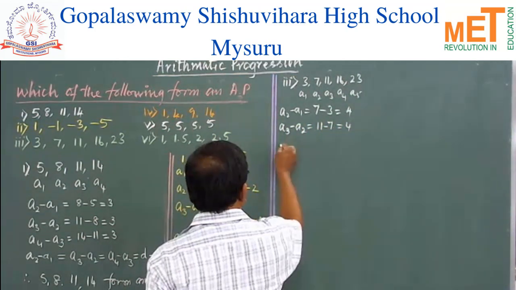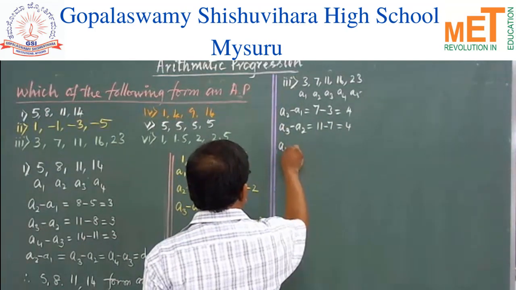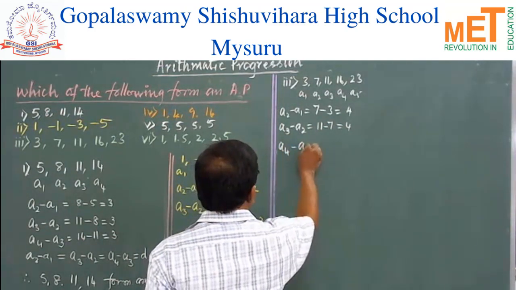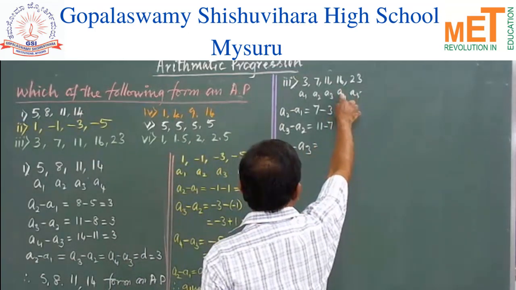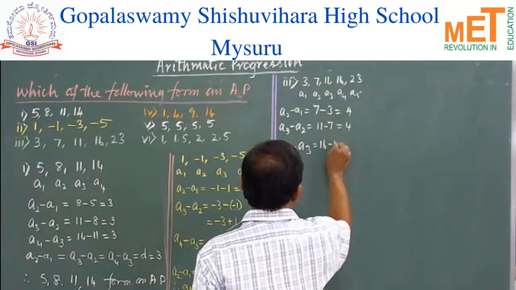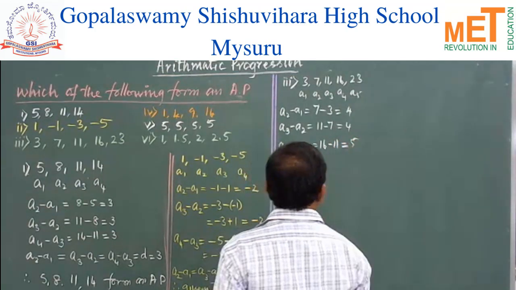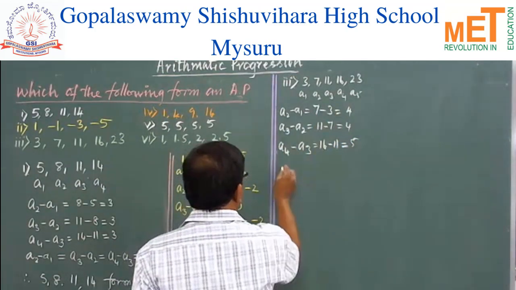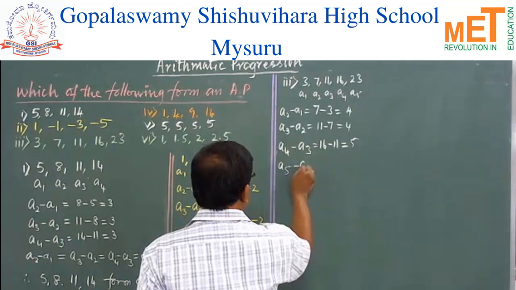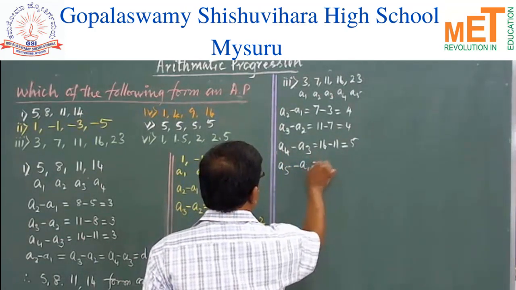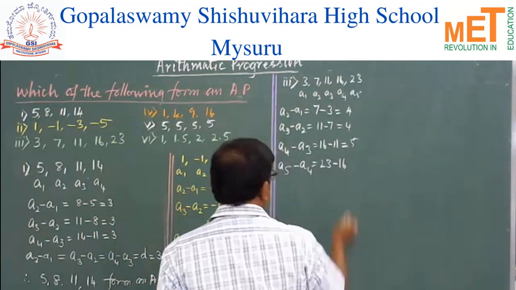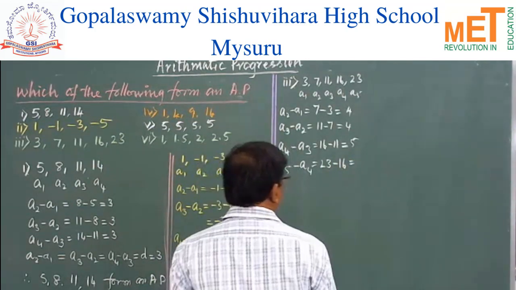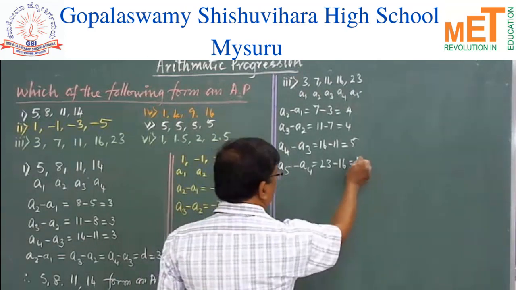Next, A4 minus A3 is equal to 16 minus 11 is equal to 5. Next, they are given A5 also. A5 minus A4 is equal to 23 minus 16, that is 7.